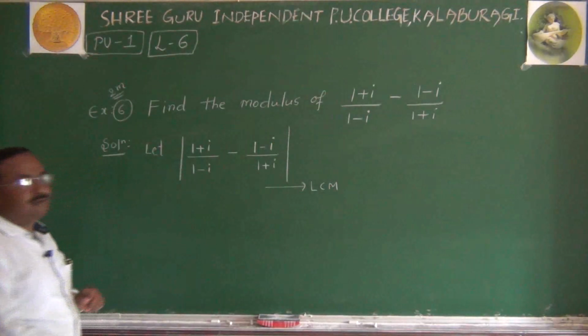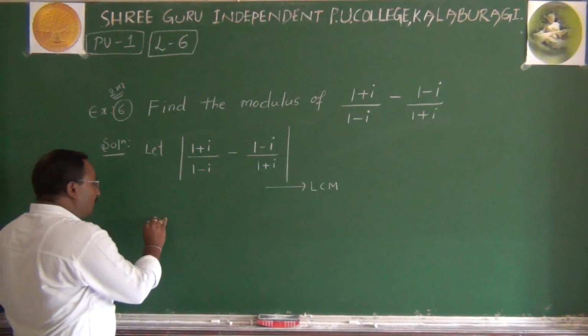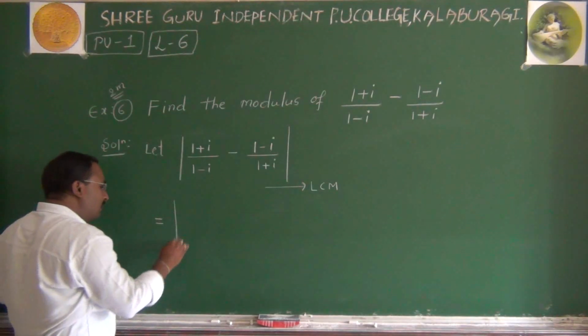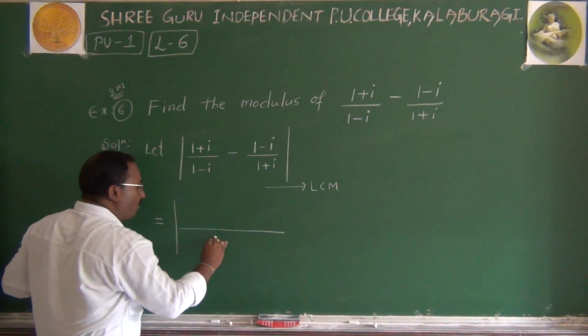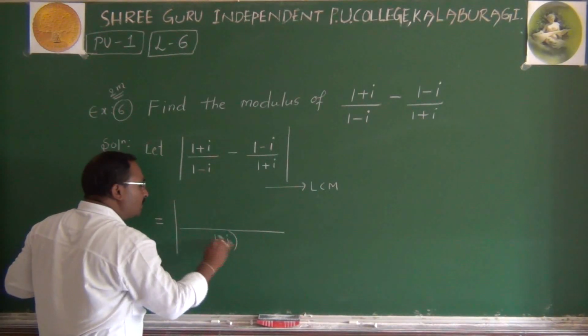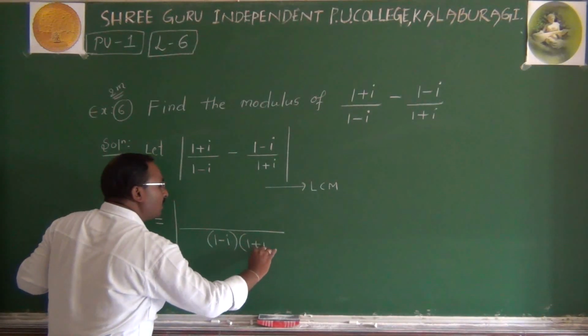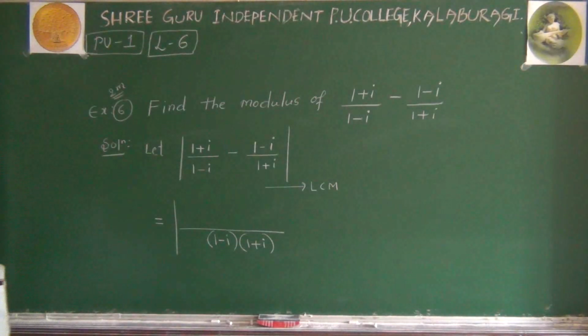Next step, go for LCM. The LCM is (1 minus i) into (1 plus i).